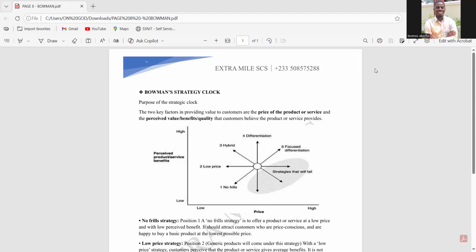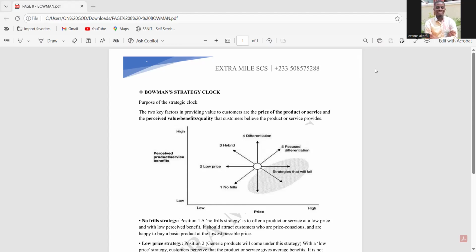It was developed by Bowman in 1996 as a way of looking at the combination of price and perceived benefit, value, or quality of a product that can be served to customers. The strategic clock uses two key indicators that, when combined, you can develop a particular strategy.